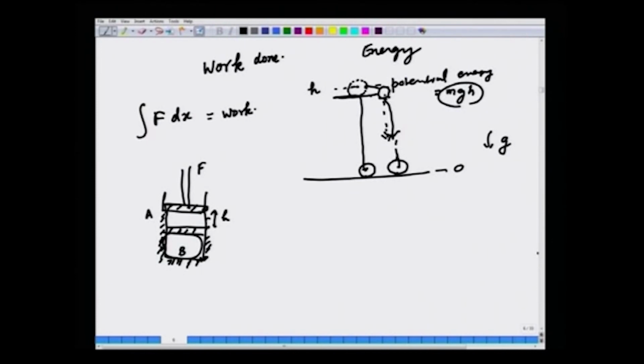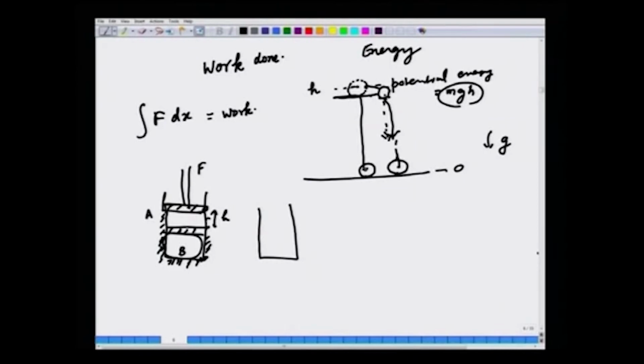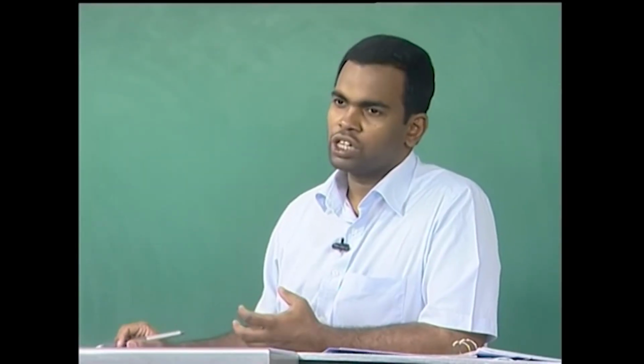Okay. Now, you can ask the question, what happens to the work done in terms of energy? Okay. Macroscopically, if I take a ball and do work by lifting it up and placing it on the table, you are changing its potential energy.